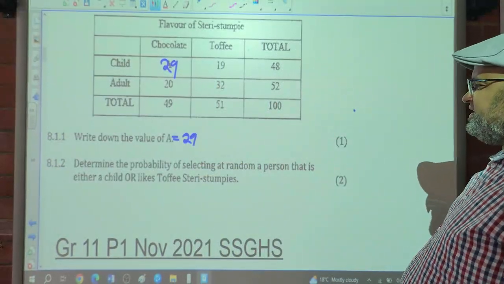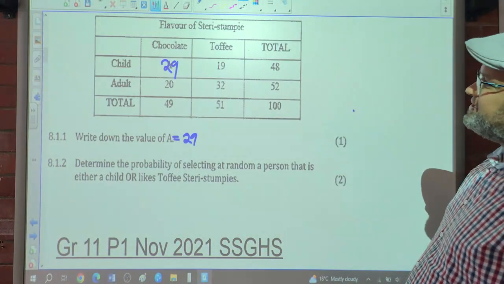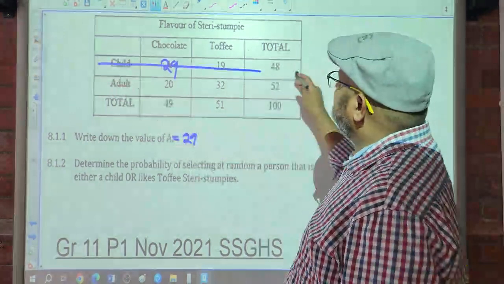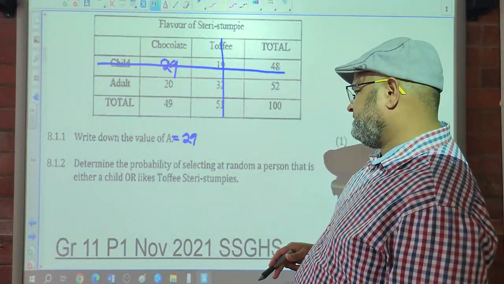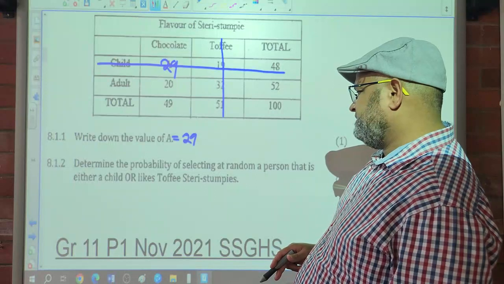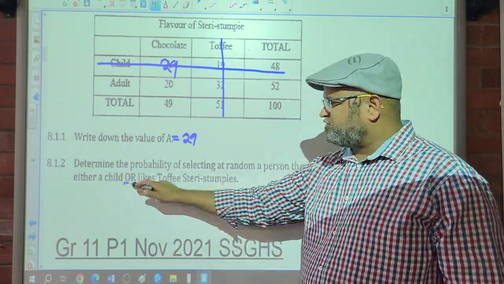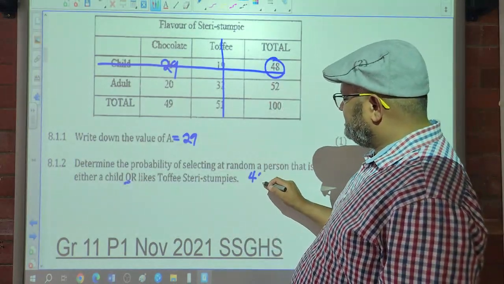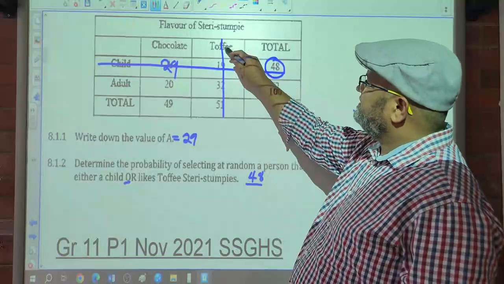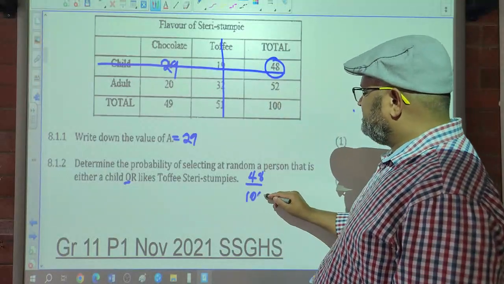Determine the probability of selecting at random a person that is either a child or likes toffee. So it's a child, it's going to be 48 over 100, sorry.